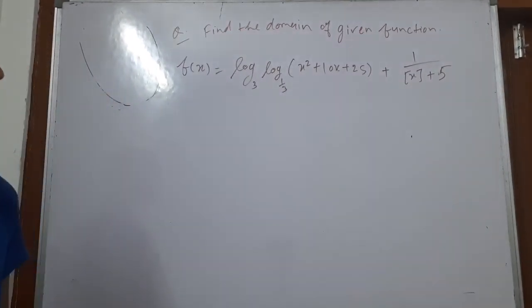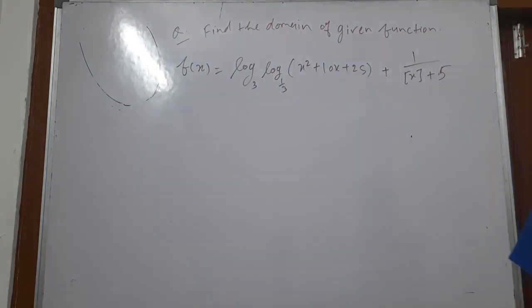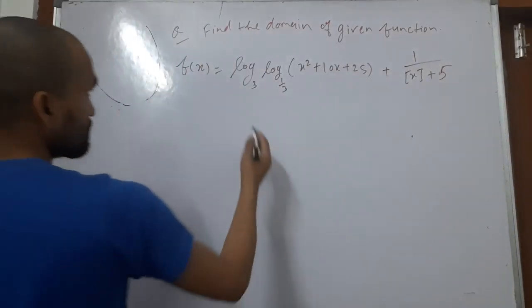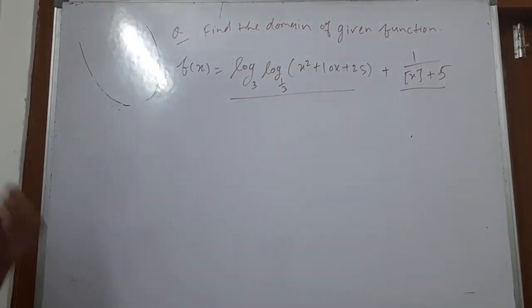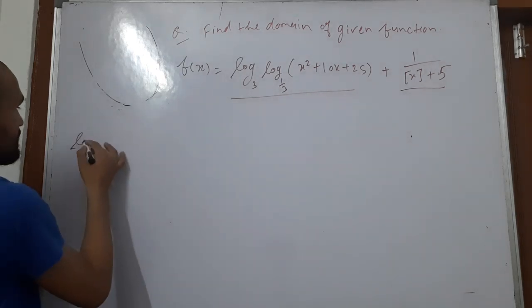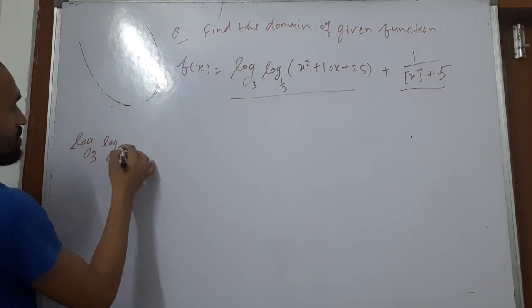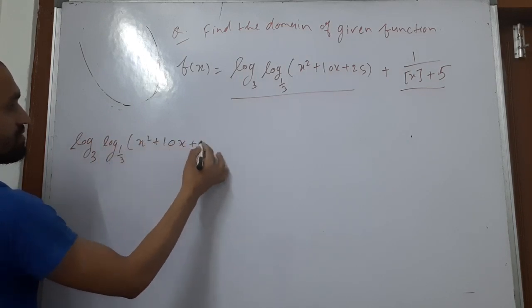So we have to apply our basic conditions, and after that we will get the domain. What is the domain? Now let us solve this question. First of all, we should start with this part. As written, log 3 of log 1/3 of x square plus 10x plus 25.